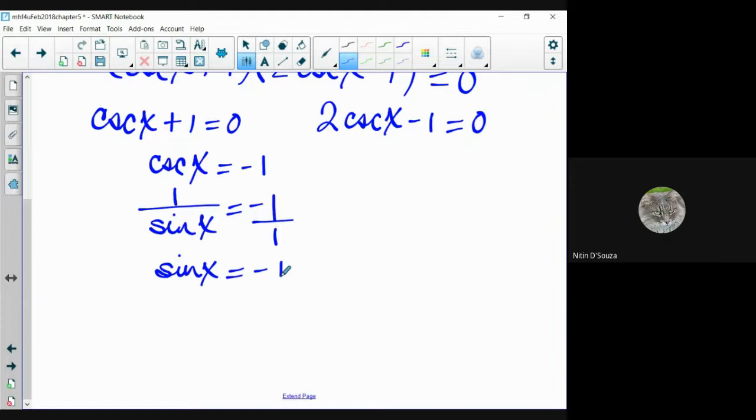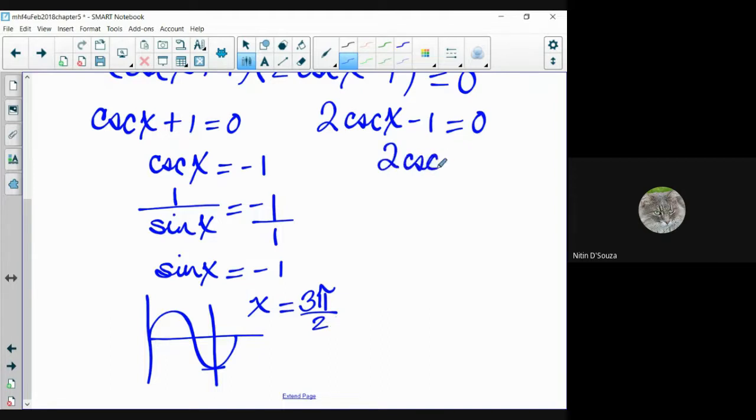Now they gave us the domain of x. They said it was 0 to 2 pi. Sine x will be negative 1 when x is equal to 3 pi over 2. So that's for this side. For this side, you have 2 cosecant x equals 1. Cosecant x equals 1 over 2. 1 over sine x equals 1 over 2.